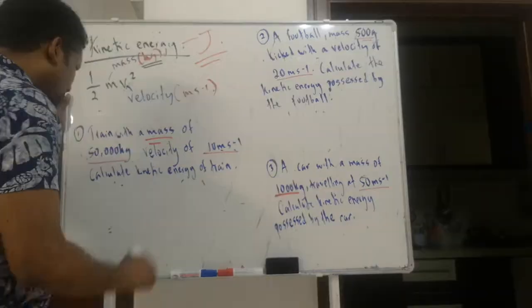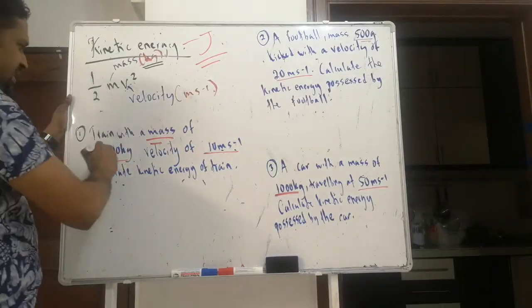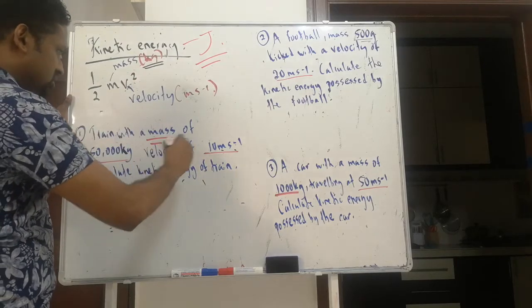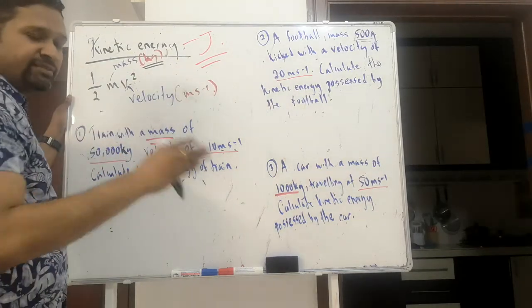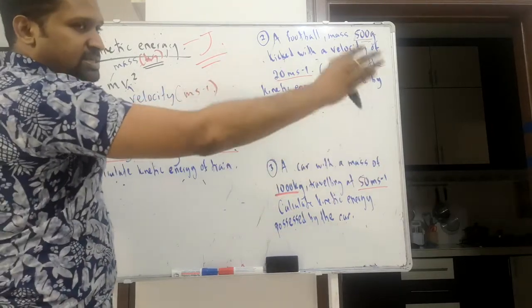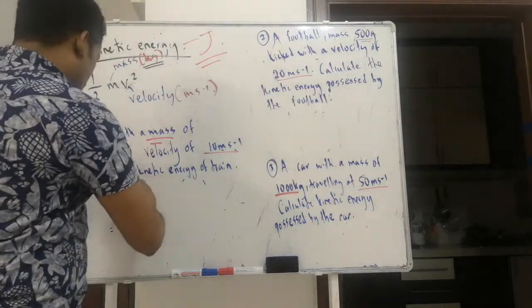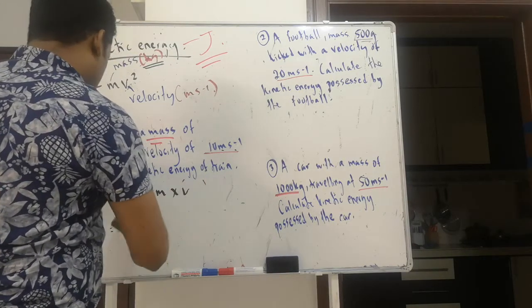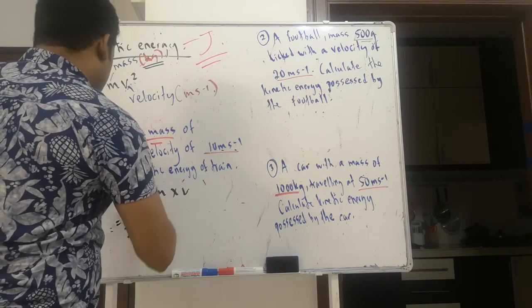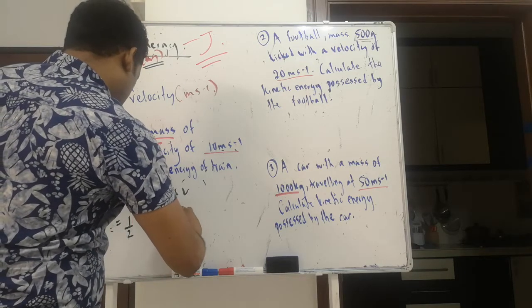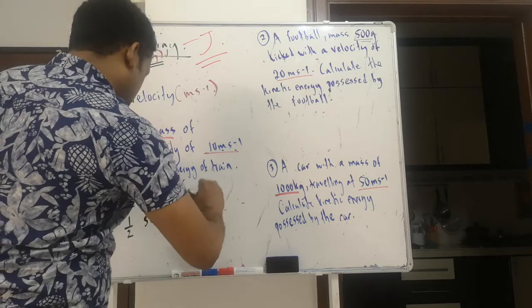Alright, now here, a train with a mass of 50,000 kg and a velocity of 10 meters per second. That means every second it covers 10 meters, another second, 10 meters, another second, 10 meters. So the formula is half times mass times velocity squared, equals half times 50,000 kg times velocity squared.